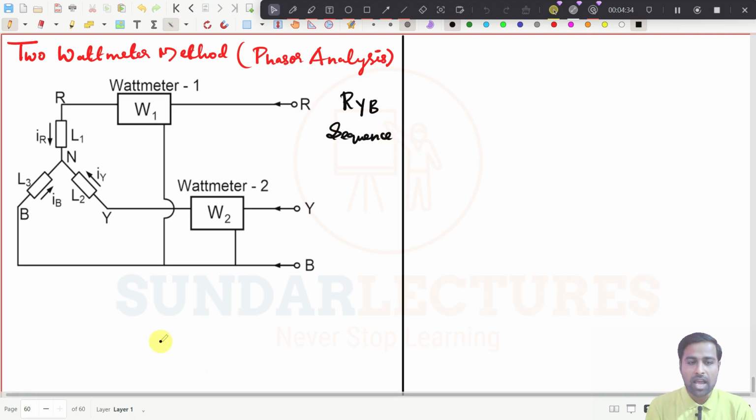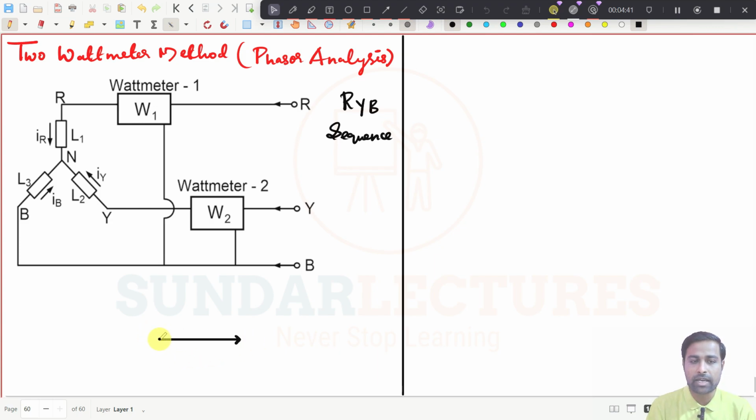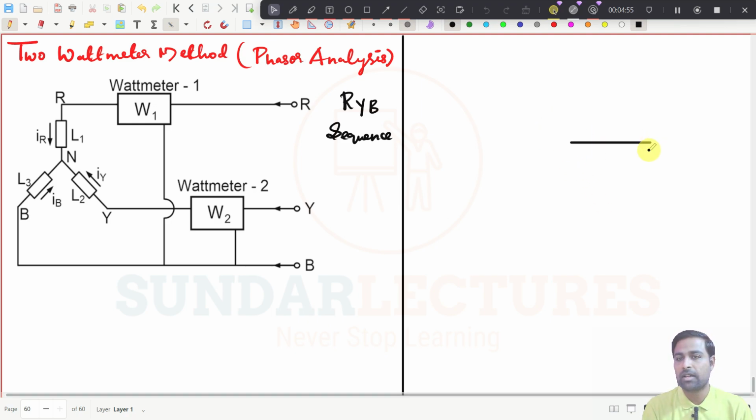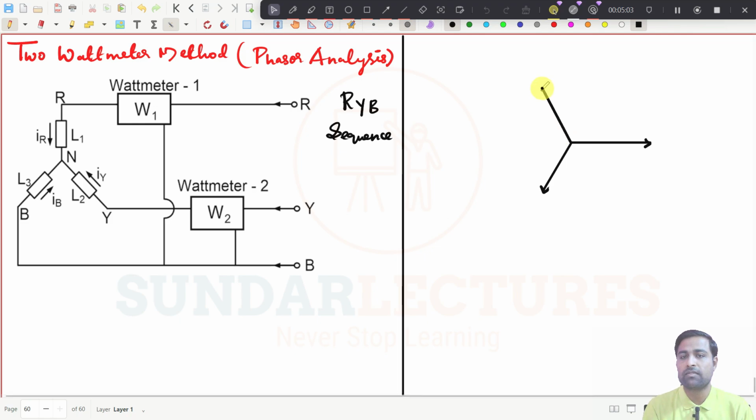Actually, if I am taking this to be VR, and this 120 degrees, maybe I don't have space here. I will draw here. Let us draw the phasor diagram. If this is VR, this is VY, and this is VB, right?